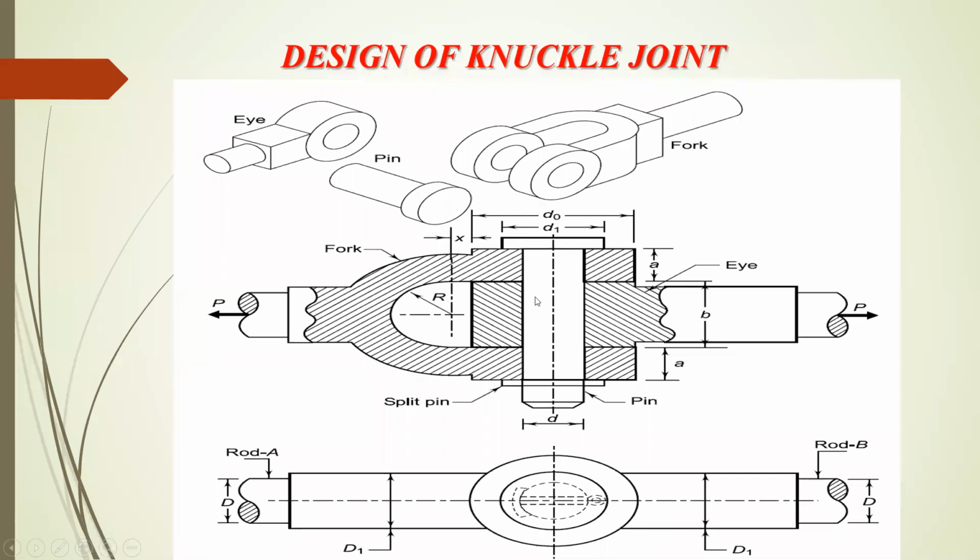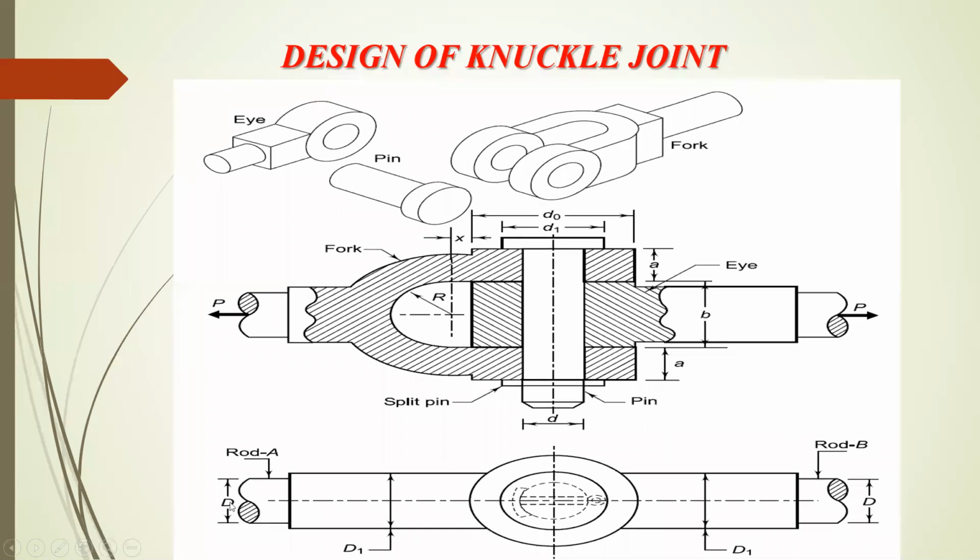Here you can see the cut sectional view, and here is the top view of the knuckle joint. You can see the dimensions in this section. I will explain some dimensions. Capital D is the diameter of rod. Rod A and rod B are to be connected with the help of this knuckle joint.